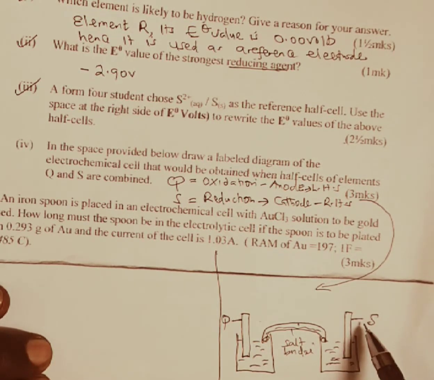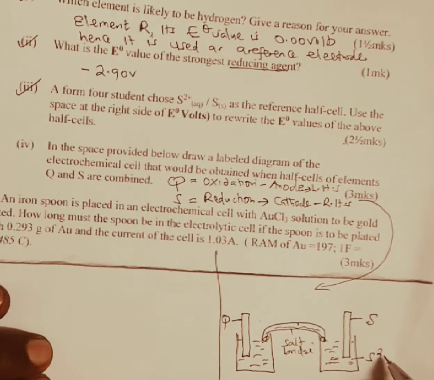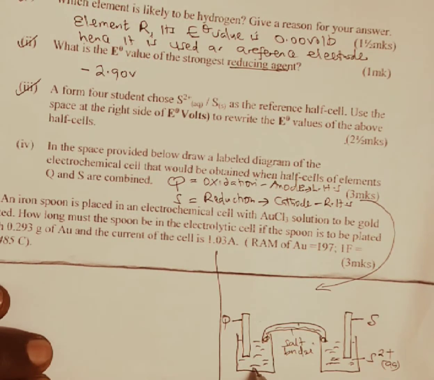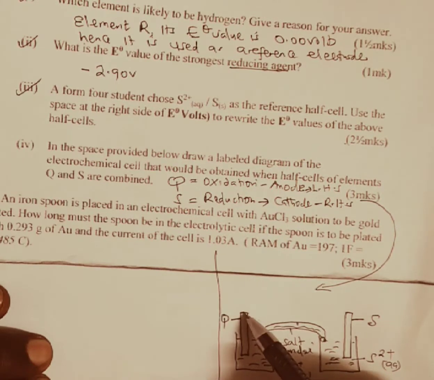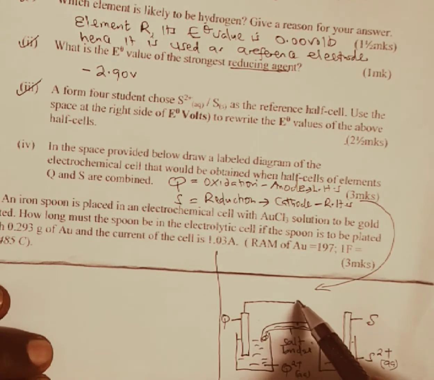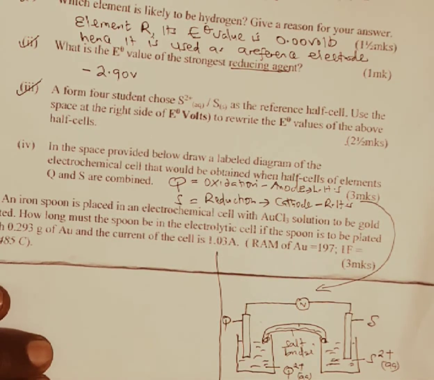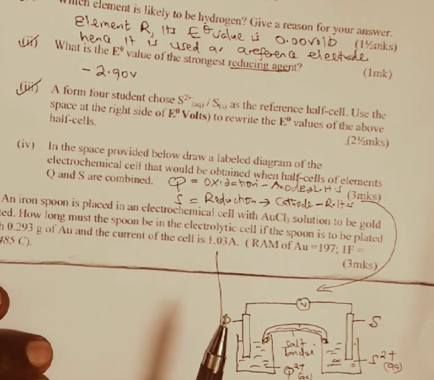Then if this is electrode S, then this should be a solution containing the ions of S. And if this is Q, then the solution should contain the ions of Q. The two electrodes are connected to each other via the voltmeter using the connecting wires, and by so doing you have drawn a cell diagram for the combination of Q and S.